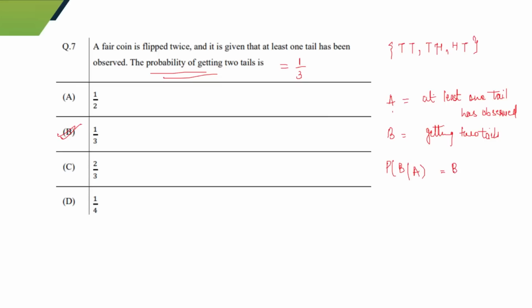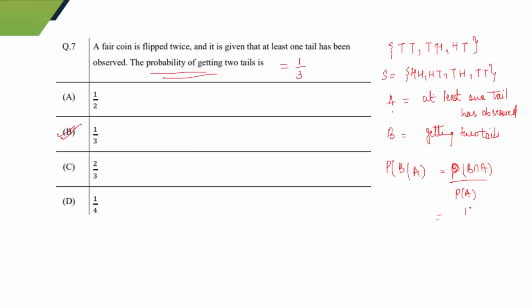So I can write here probability of B intersection A upon probability of A. And what is B intersection A? In experiment A, I want that one tail has been observed, and B is getting two tails. So getting two tails would be B intersection A, right? And my main sample space would be head head, head tail, tail head, and tail tail, because I have flipped the coin twice.